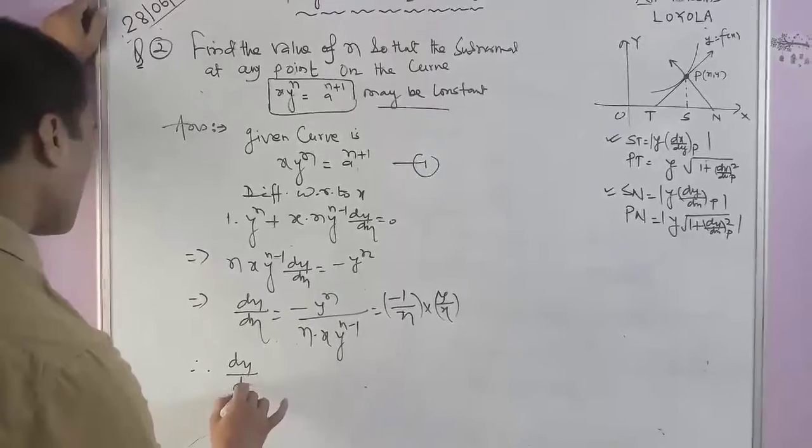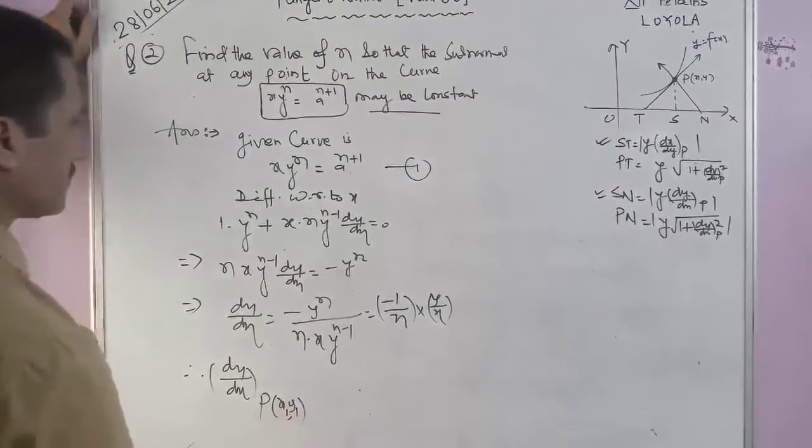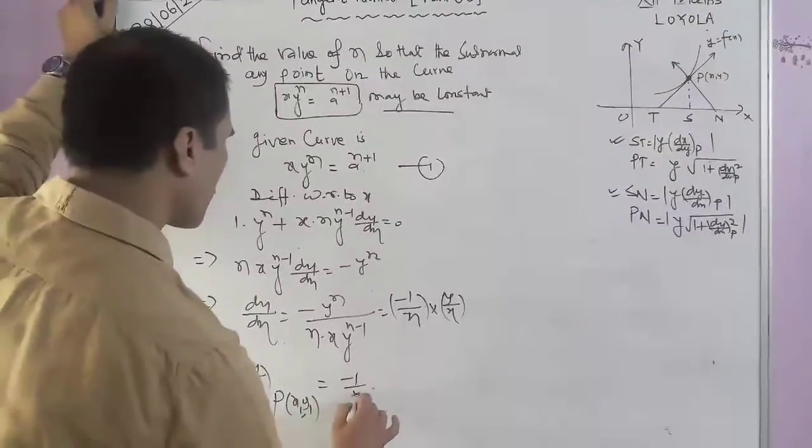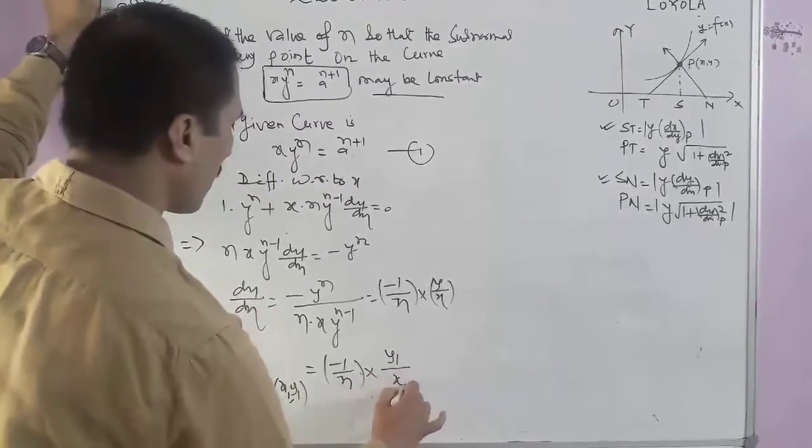So dy by dx at P(x1, y1) is minus 1 by n into y1 upon x1.